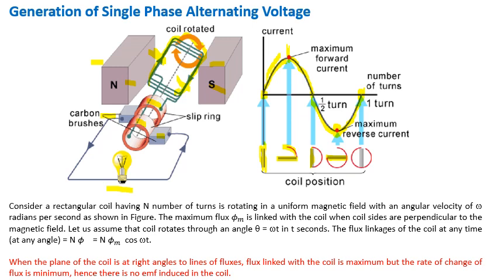The direction of induced EMF and hence current is determined by Fleming's right-hand rule in case of generator, which states that if the thumb, the forefinger and the middle finger, each held perpendicular to the plane containing the other two, the thumb represents the direction of motion of the conductor, the forefinger represents the direction of magnetic field, and the middle finger represents the direction of induced EMF and hence current.